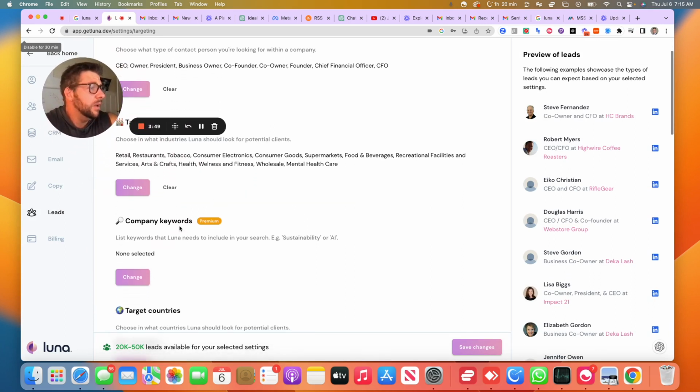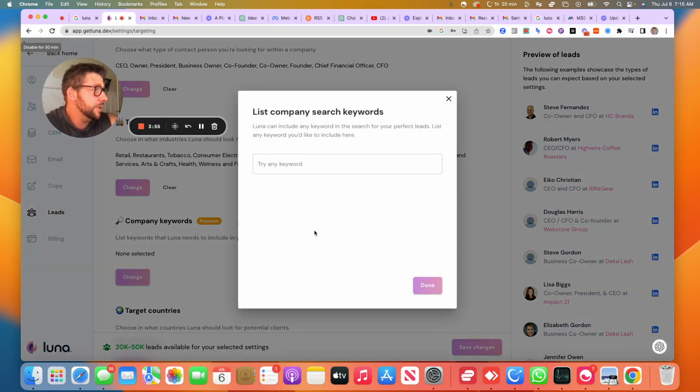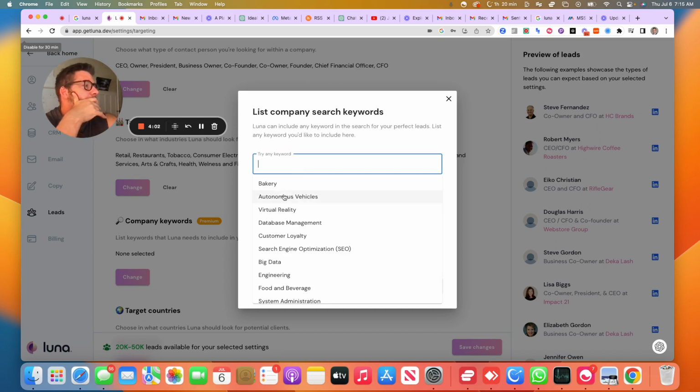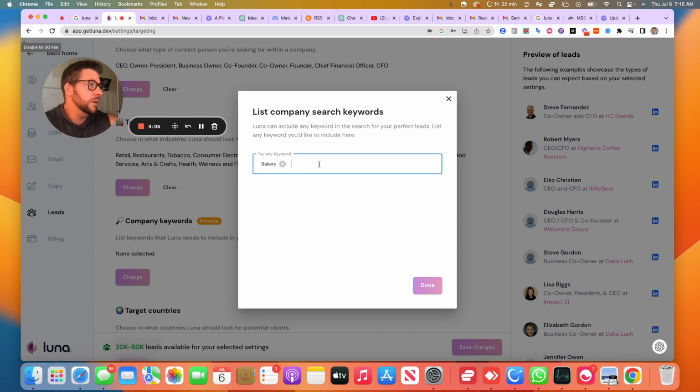That's good to know. Company keywords, Luna needs sustainability or AI. Let's upgrade some of those. What would we think would be keywords? Okay, this gives us an idea here. Bakery, cool. I'm down with that. Fast food. Boom. What do you think, bro?